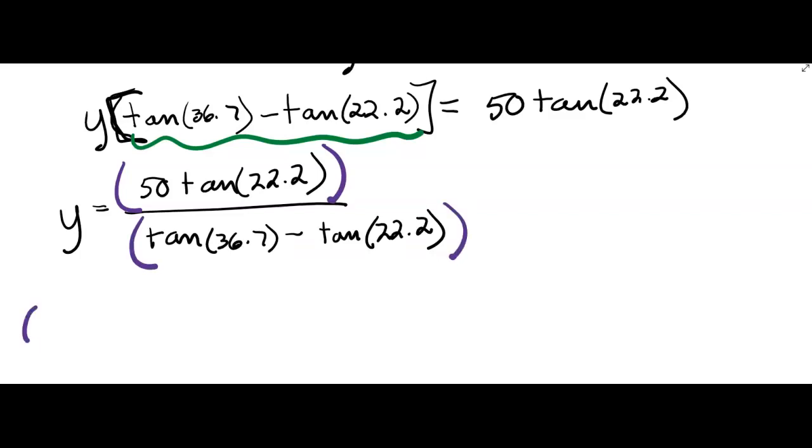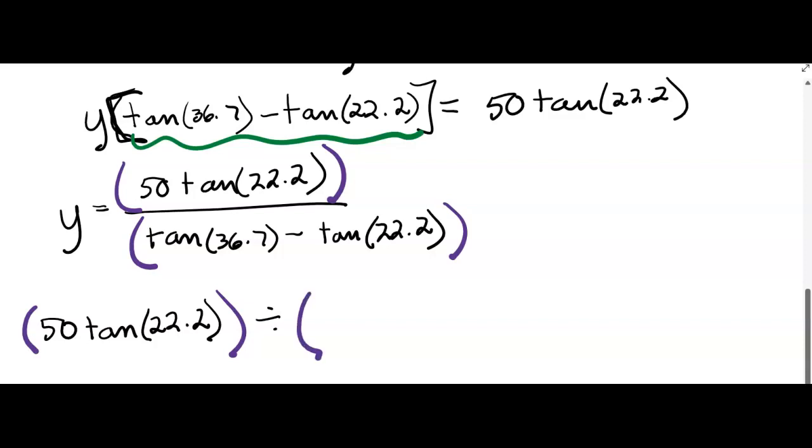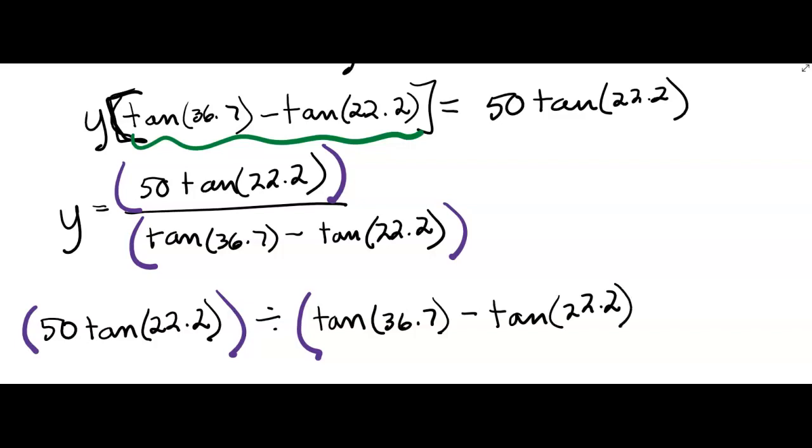So I'm going to go parenthesis, 50 tan, it's going to open a parenthesis for me, 22.2. I close that off. I close off the numerator, and then I'm going to hit divided by, and then I'm going to open, and then I'm going to do tan 36.7 minus tan, close off that parenthesis, 22.2, close that off.